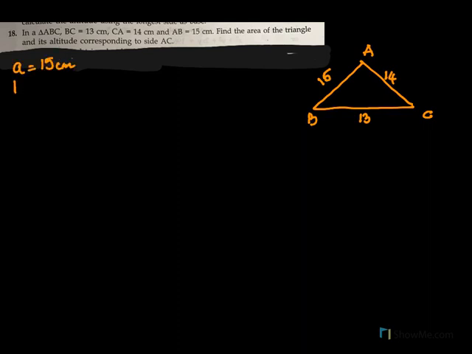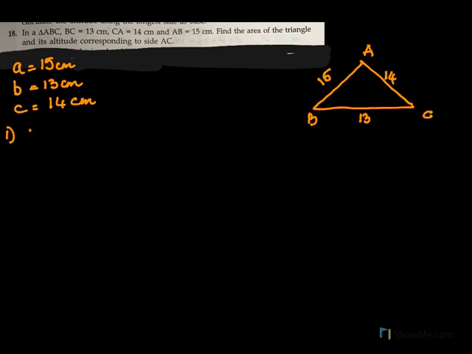Similar sum. So first we'll draw the triangle, and in this triangle the sides are given as A, B, C. AB is 15 centimeter, BC 13 centimeter, and CA 14 centimeter. Let's go ahead and find the area. So A is 15 centimeter, B 13 centimeter, C 14 centimeter.